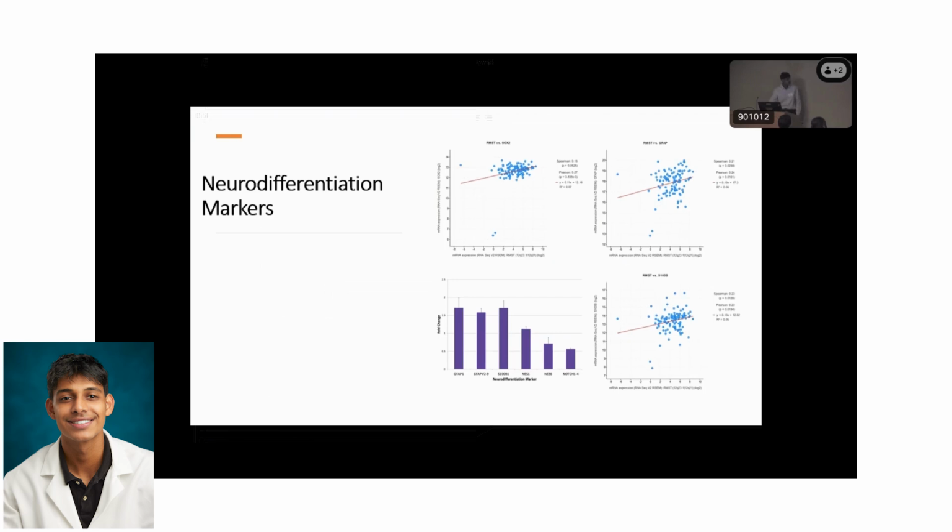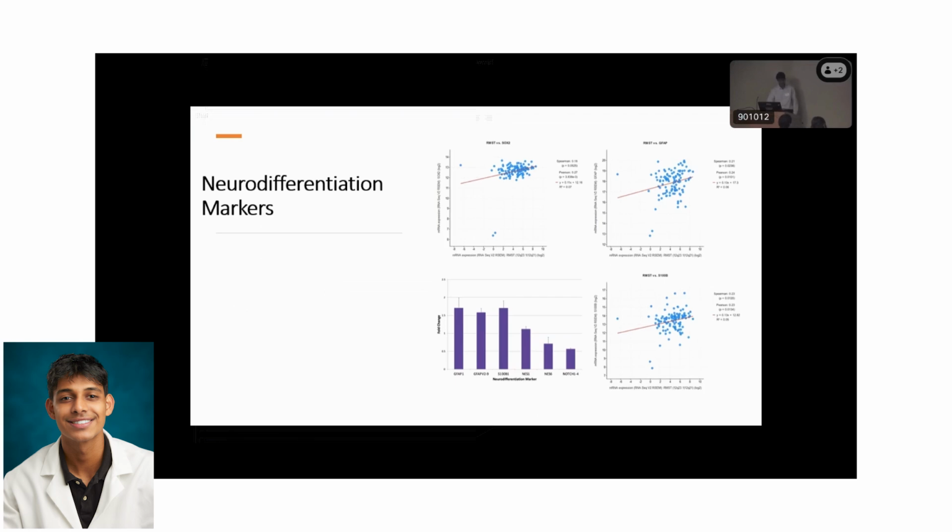And then I also studied neurodifferentiation markers and their correlation with RMST. So as you can see in the bar graph, there's an upregulation of 4 different neurodifferentiation markers with RMST, and this suggests a link between the pathways that govern neurodifferentiation and RMST.